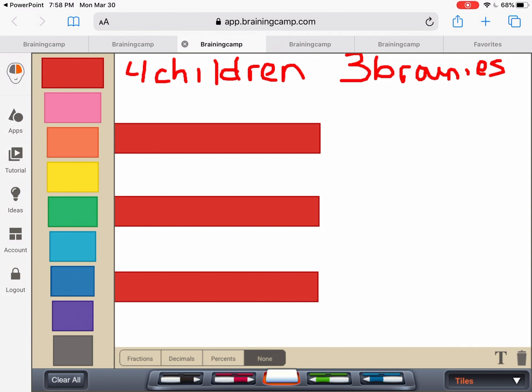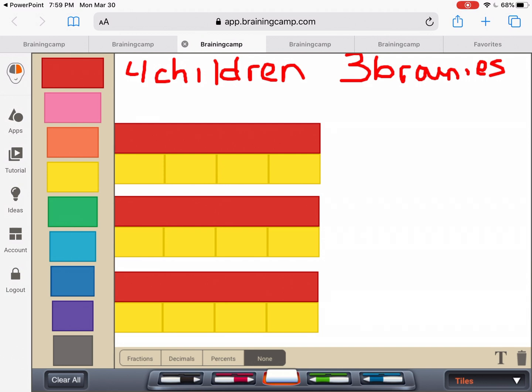You can tell the person next to you what you think I could do. I wonder how many of you said, well, you could just cut each one of the brownies into 4 equal pieces. Yeah, so I could do that. And then I guess my question is, if I do this, how does that help me figure out how much brownie they got?